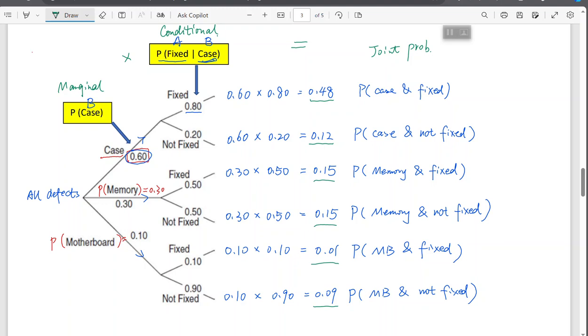They sum together to 1, right? And you can also find that these two sum together to this marginal probability. These two sum together to 0.30, which is this marginal probability. These two sum together to this 0.10 marginal probability.